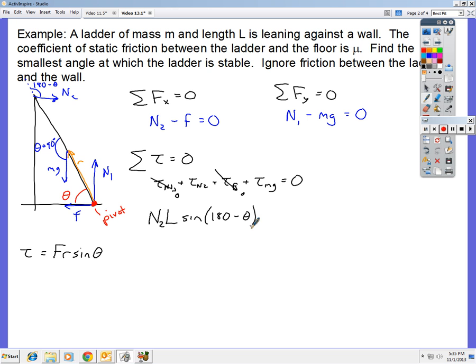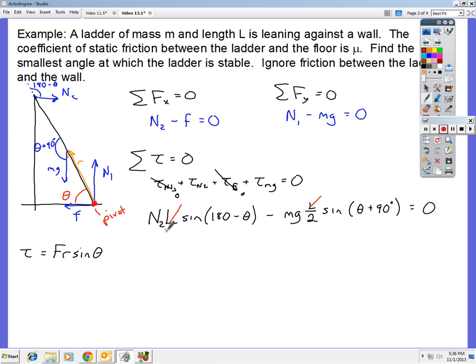And the torque due to the weight is the force mg times the distance from the pivot, L over 2, times the sine of the angle there, which is theta plus 90 degrees. And notice also that while N2 tends to make the ladder want to rotate clockwise, the weight makes the ladder want to rotate counterclockwise, so one of them has to be negative. And we'll set that equal to 0. And at this point, you can kind of see where this is going to go.